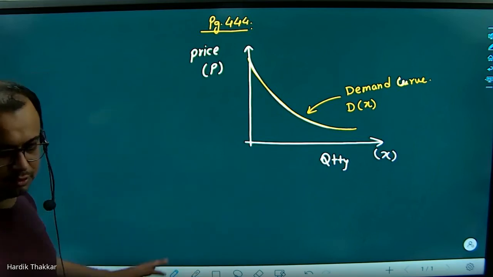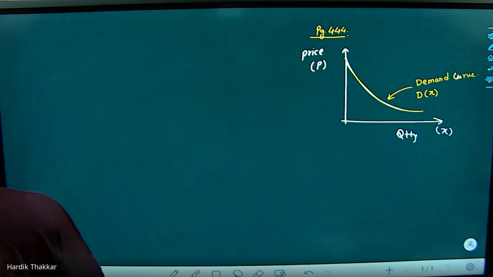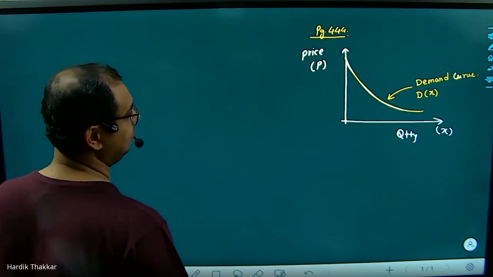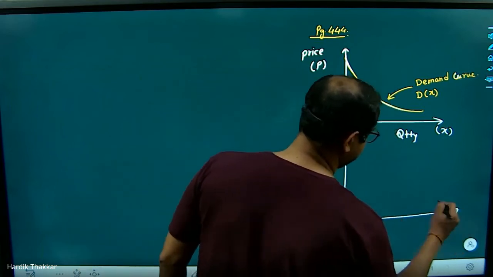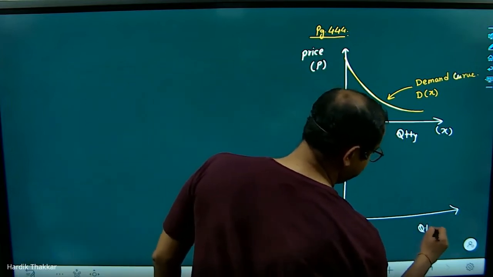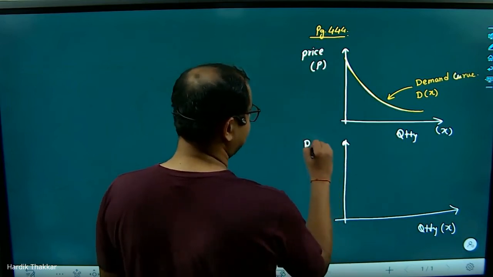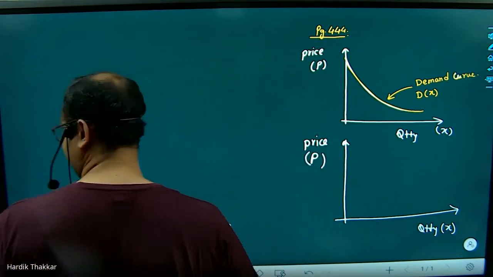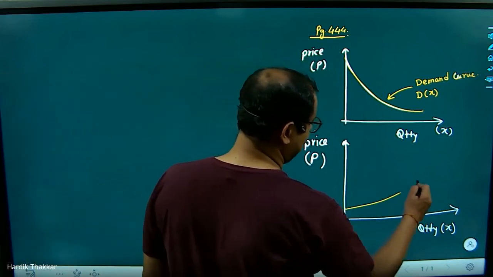Now the next curve, which is given in figure 7.6, is the supply curve. Again, the x-axis represents the quantity, represented by x, and the y-axis is price, represented by p, and the supply and price are related to each other.